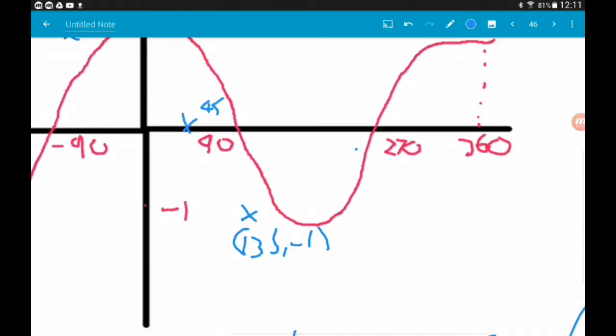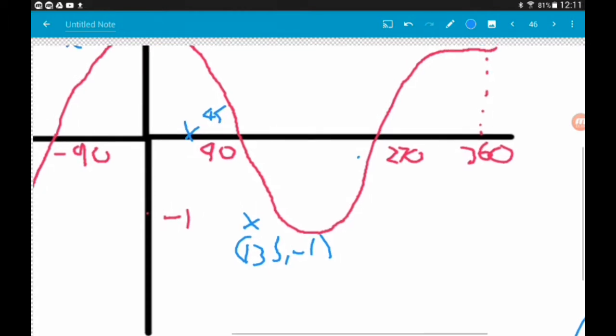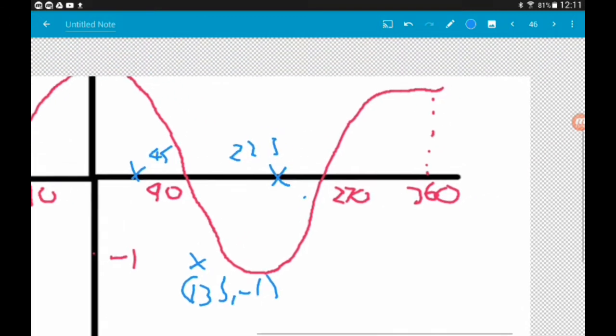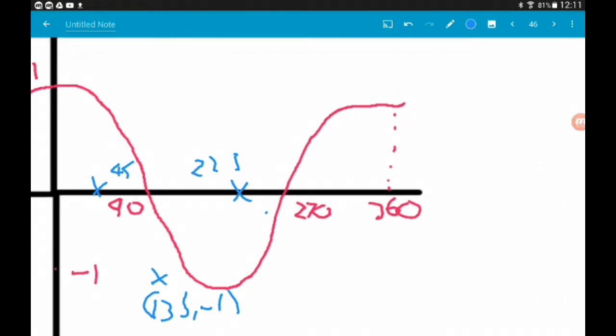This x-intercept that was at 270 is now going to be at 225. And then finally, this peak is now going to be 45 degrees back from 360, so it's going to be 315.